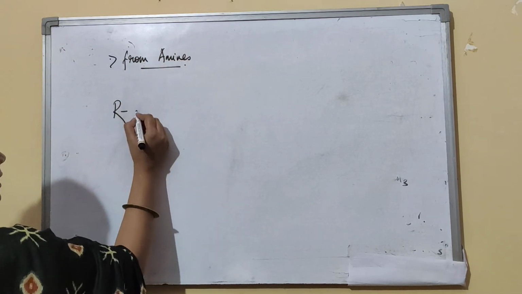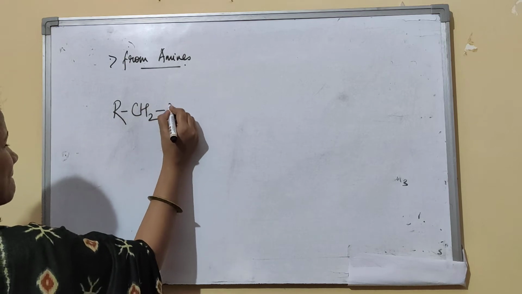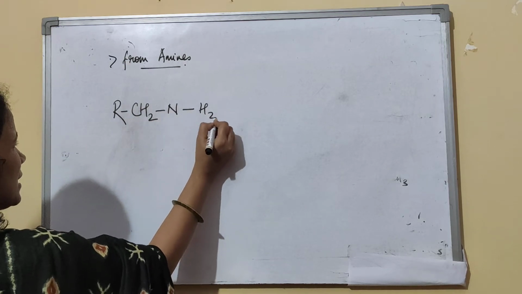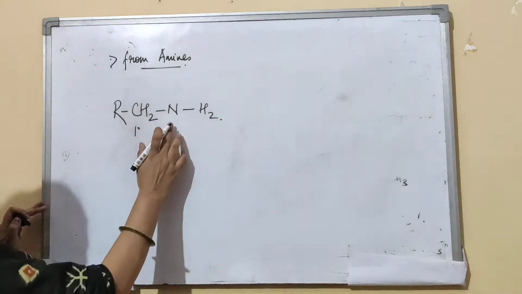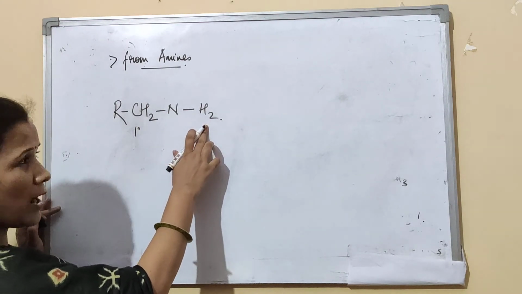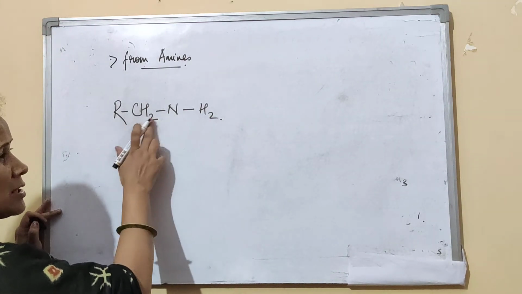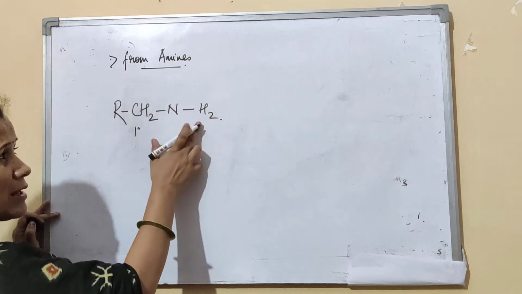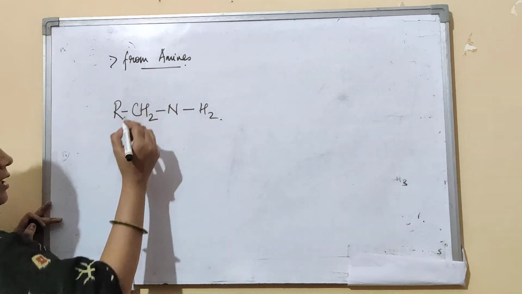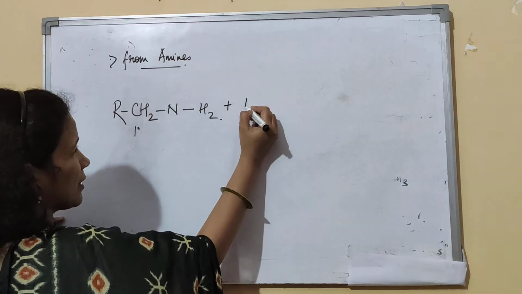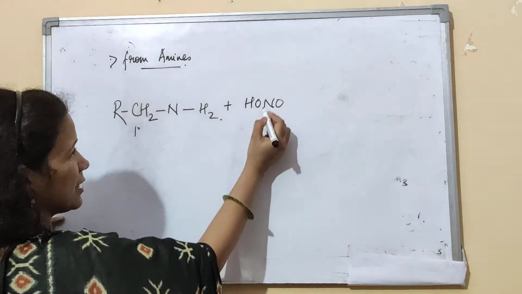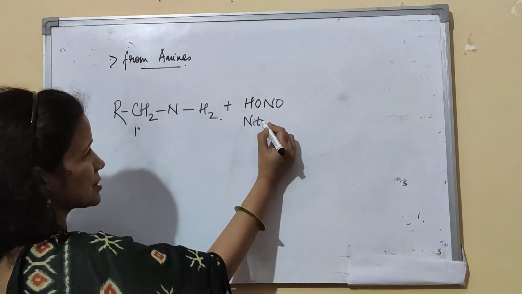If you have an amine like this, it is a 1-degree amine. Why? Because nitrogen has 2 hydrogens and 1 carbon attached. If nitrogen has 2 alkyl groups, it is a 2-degree amine. It reacts with HONO. Now what is it? It is nitrous acid.